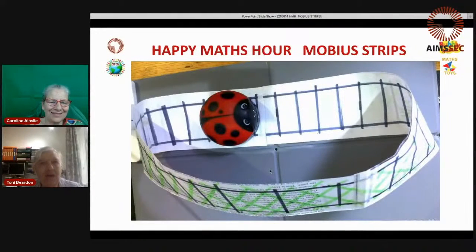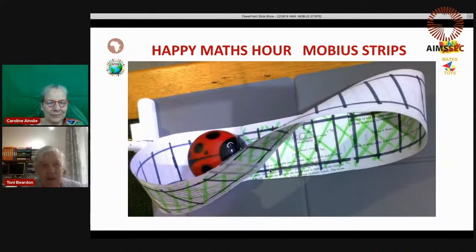And I'll just remind you of my bug, and that's what you saw earlier. And then this is the bug on a Mobius strip. And you can see there where the points were changed. Now, I want to just use that to talk about the topology.